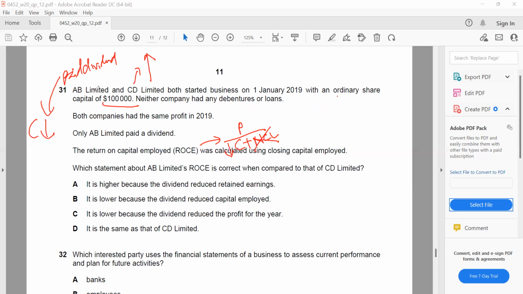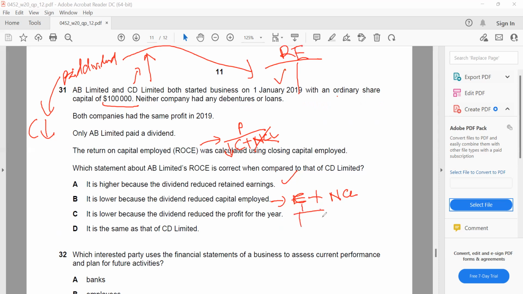So yes, because dividend, you will charge into the retained earning account on the debit side. So this one should be correct. It is lower because the dividend reduces capital employed. So capital employed is this component, capital plus, for company we use equity plus non-current liability.